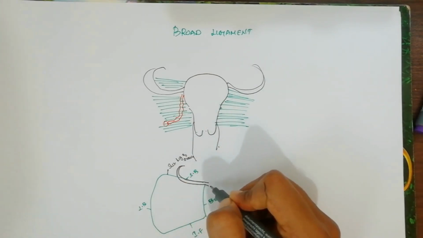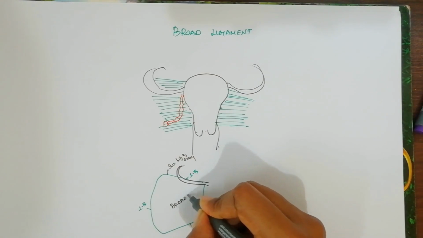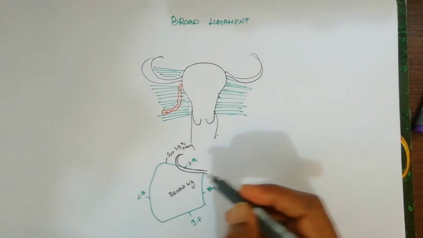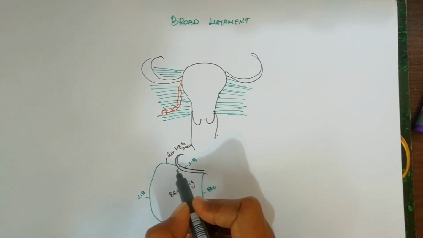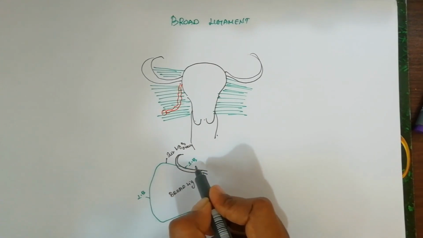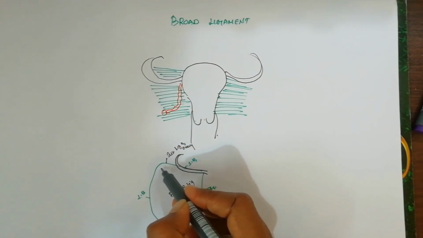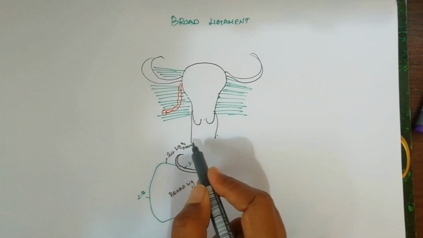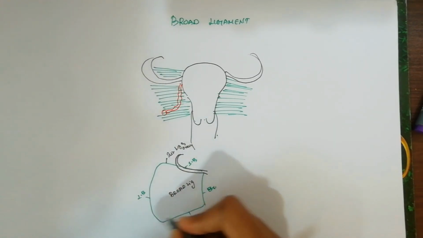So this whole thing is considered as broad ligament. In the broad ligament we are having some borders: medial, lateral, superior and inferior. The superior border carries in the medial 3/4 the uterine tube. The lateral 1/4 remaining forms a thickening towards the ovary, and that is called the suspensory ligament of ovary. And then we have got the lower border.